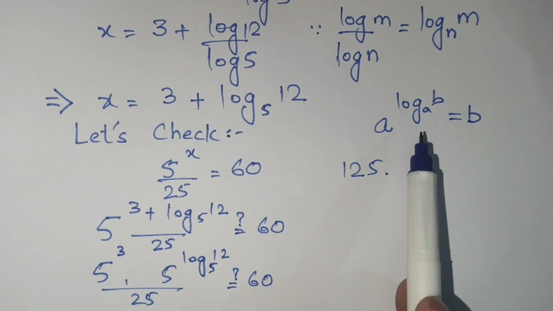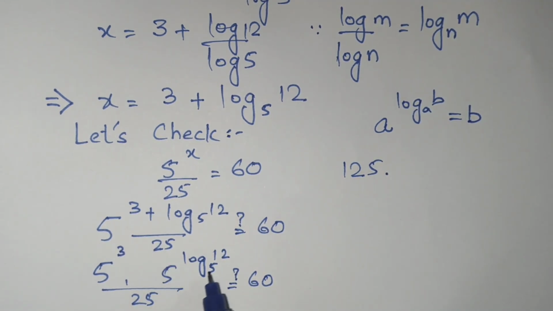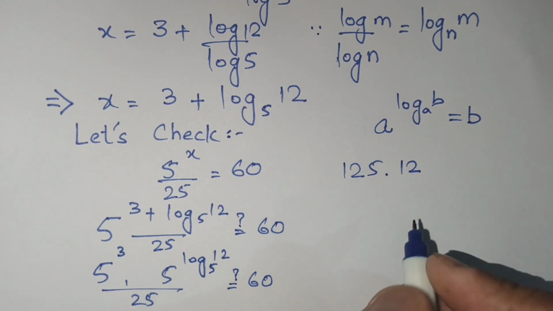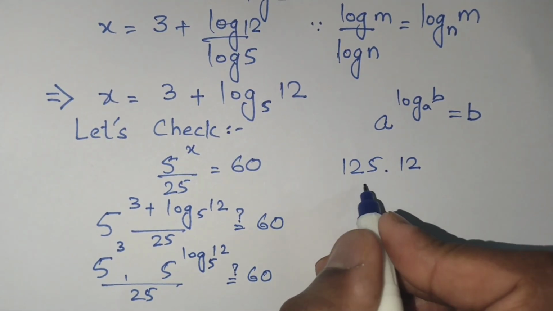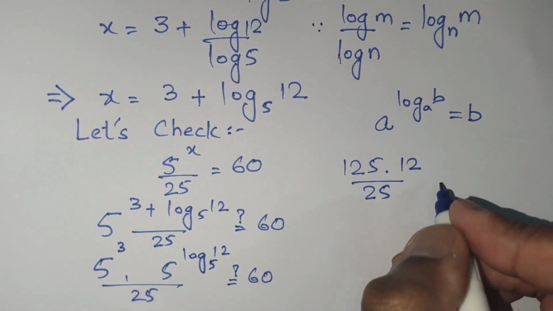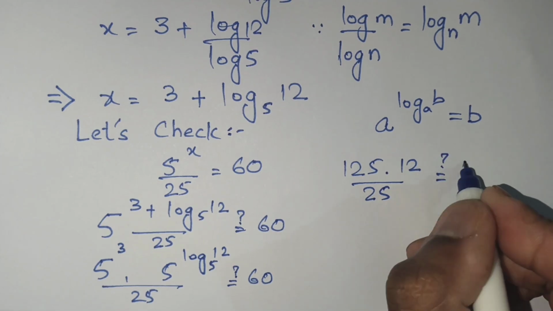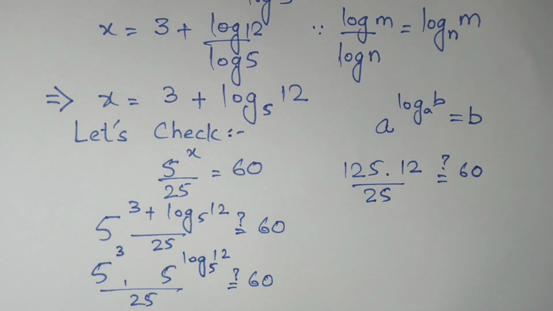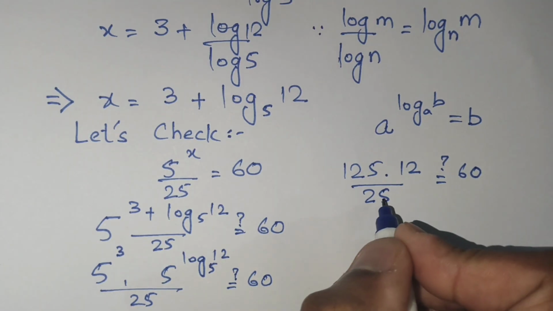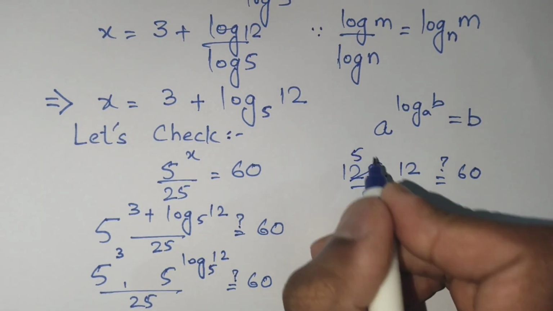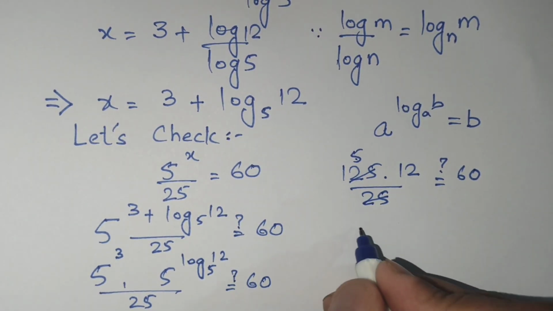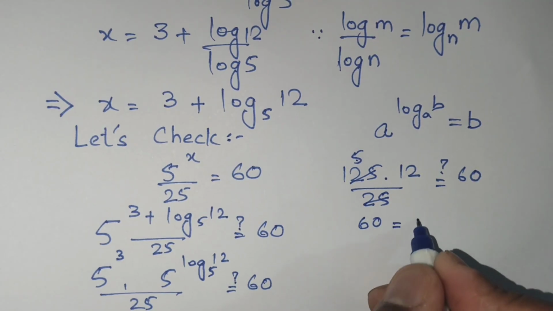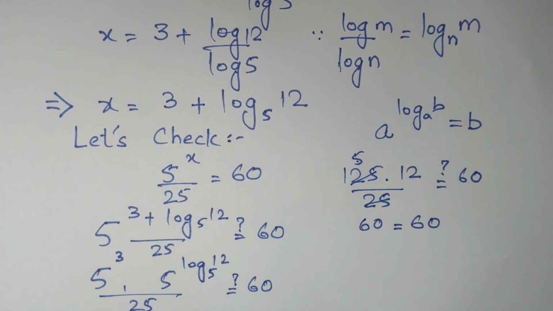So it will be 5 cubed, 125, times 12 over 25 equals 60. 125 over 25 is 5, and 5 into 12 is 60, so 60 equals 60.